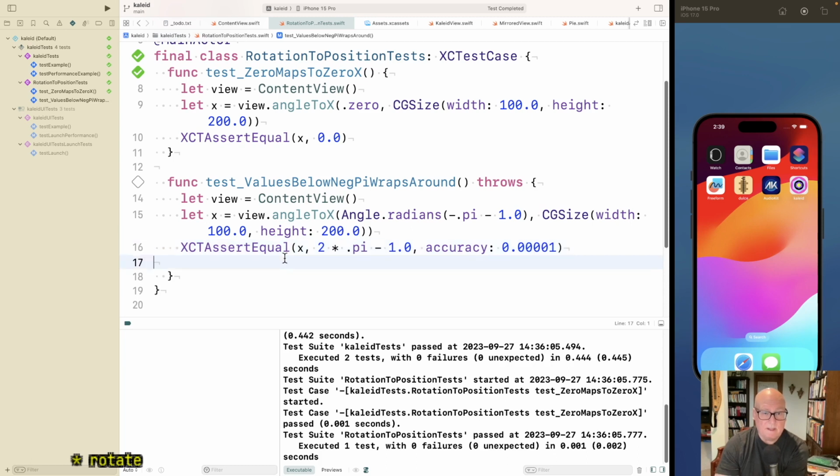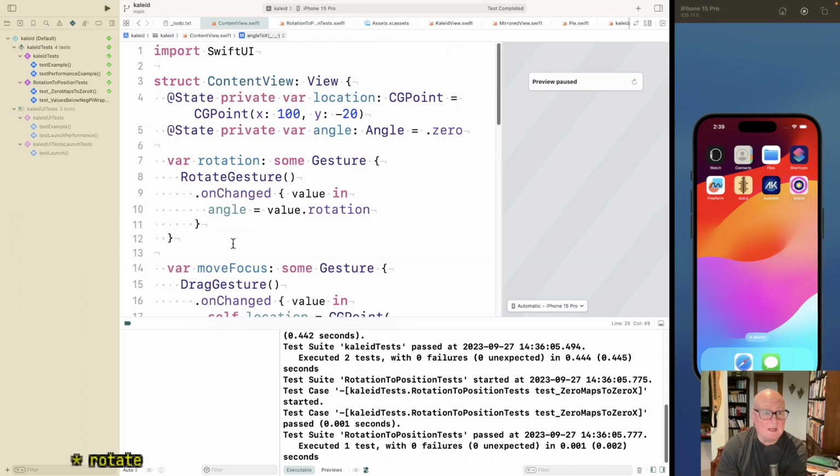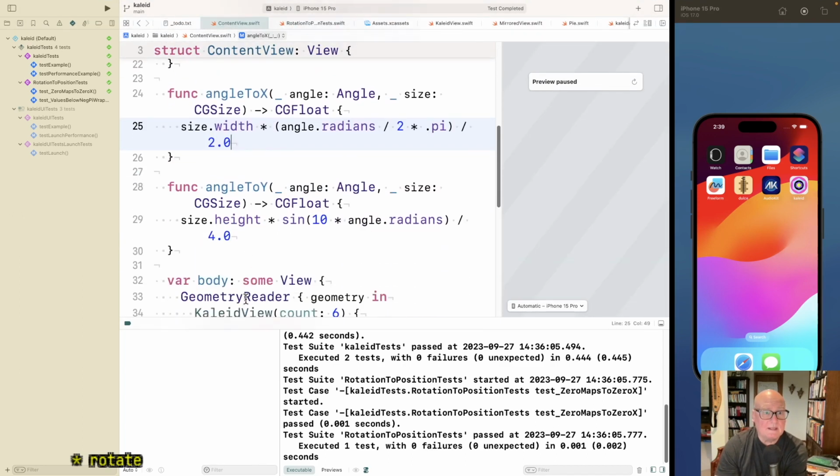And then the x-coordinate, yeah. Well, the x-coordinate's complicated, right? I got to multiply the width times that.